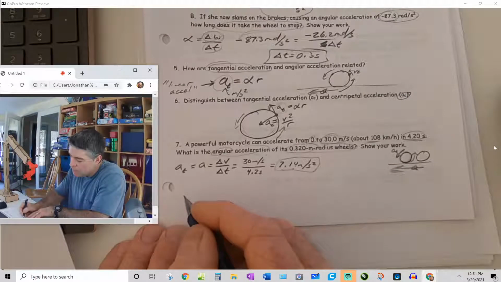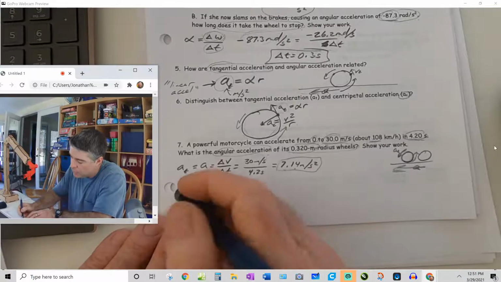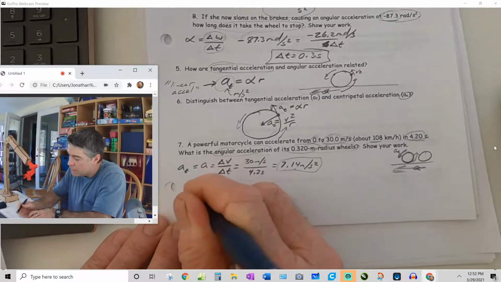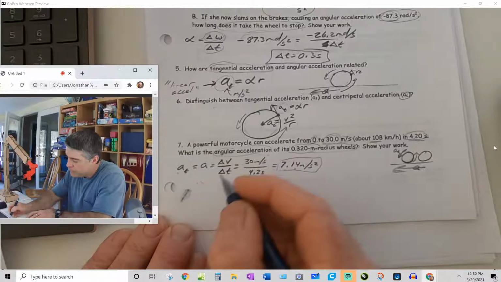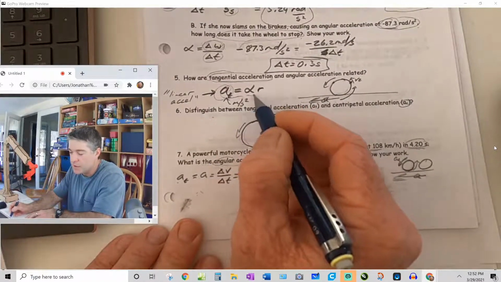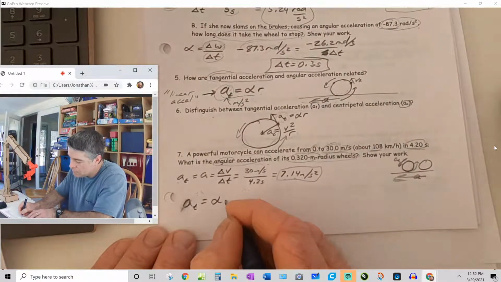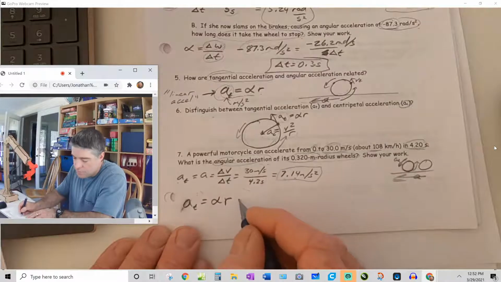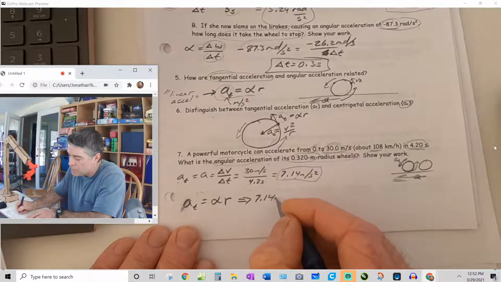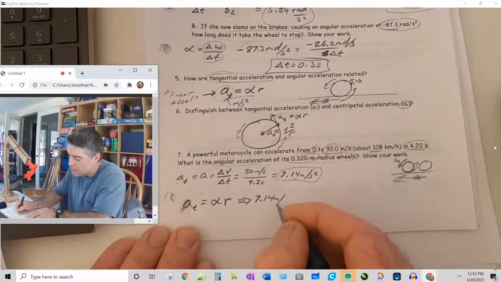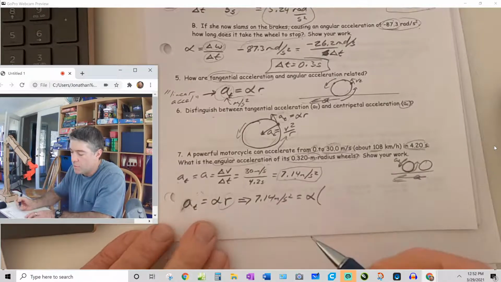And now if I want to get the angular acceleration, I'll write it the way I wrote it up here. Tangential acceleration equals alpha times r. So the tangential acceleration is 7.14 meters per second squared, and that equals the angular acceleration times the radius of the wheels.